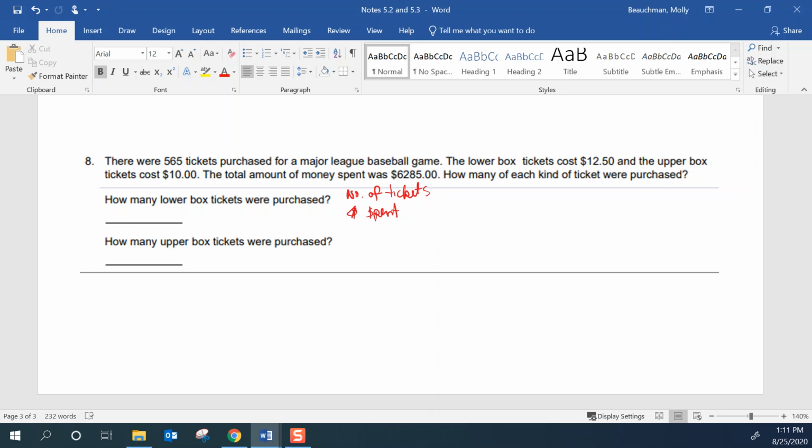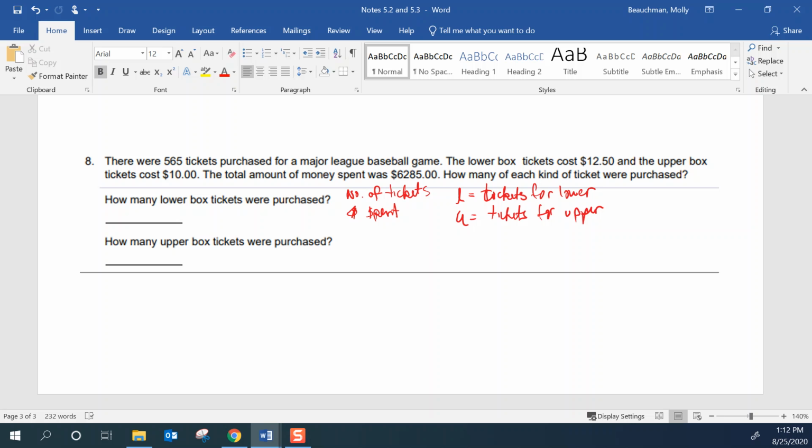We just need to identify some variables. You can use X and Y. You can use L for lower box. So I'm going to use L as the number of tickets for the lower box. And the upper box, U, I'm going to use as the number of tickets for the upper box.